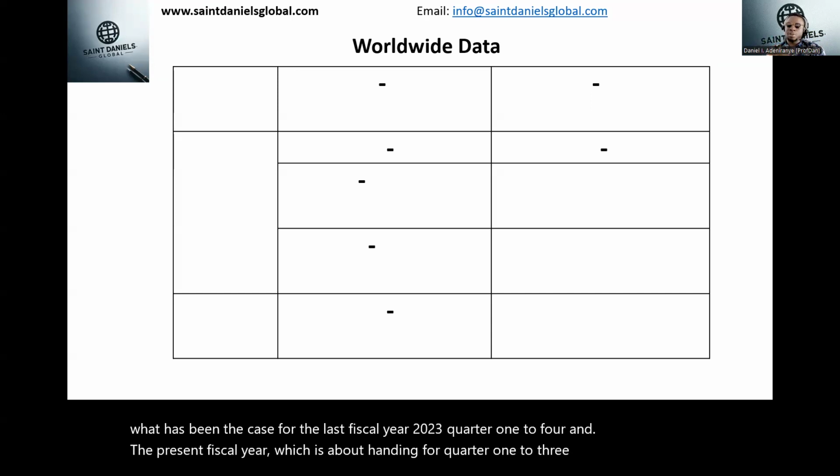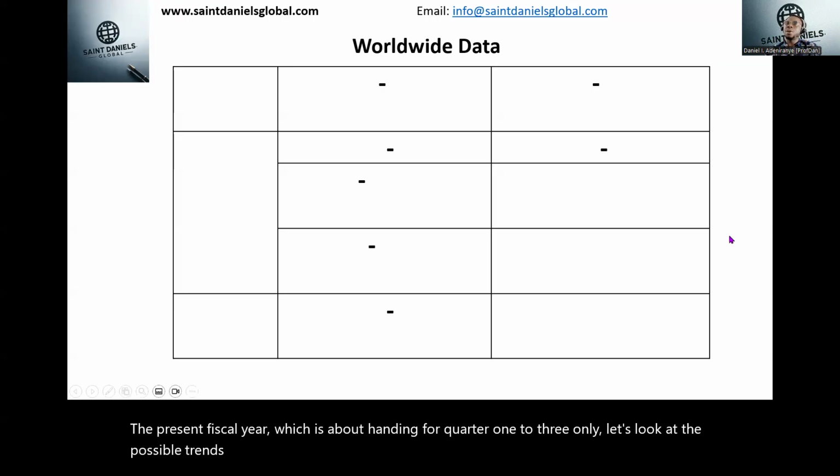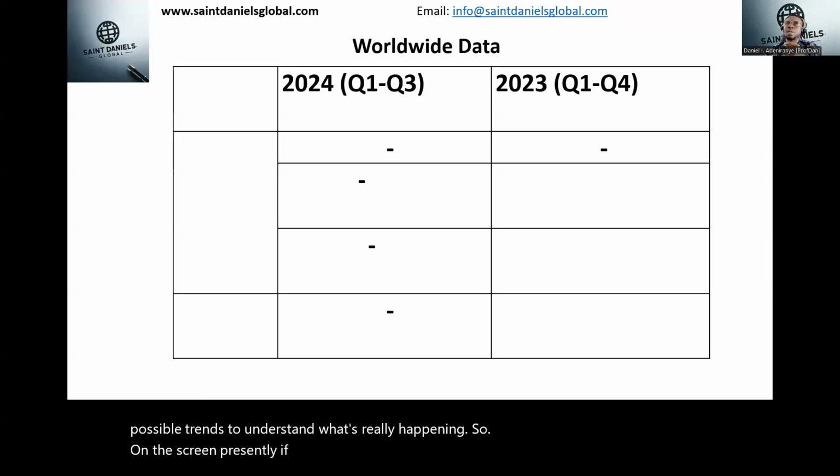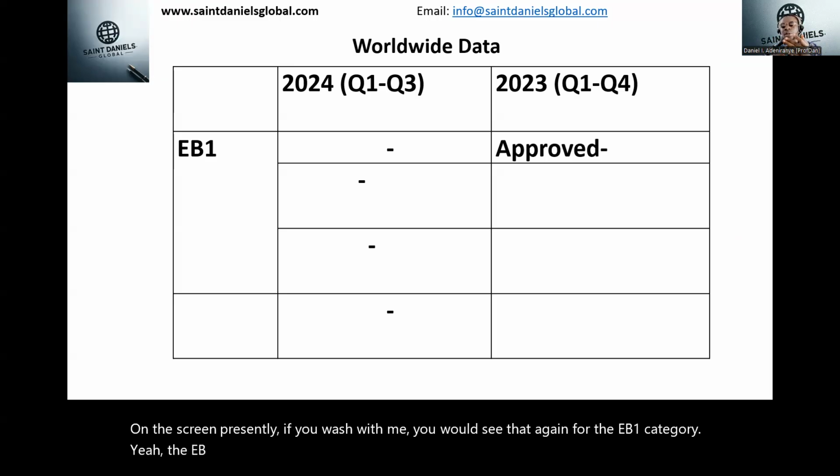Let's look at the possible trends to understand what's really happening. On the screen presently, you would see the EB1 category, we're talking about the EB1A, the EB1B, and the EB1C.